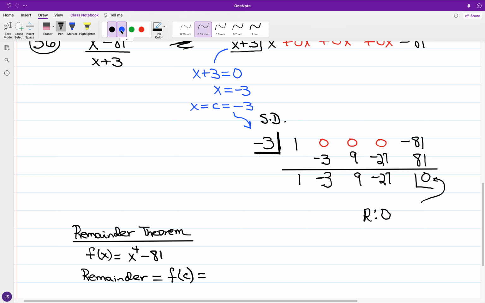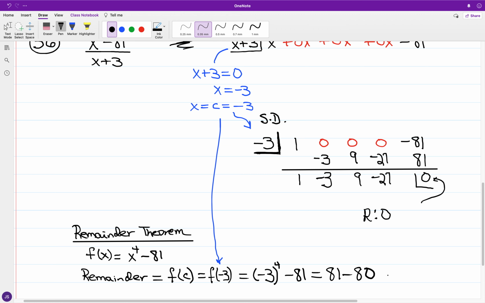We had the c value from earlier at -3. Just substituting, you have -3 to the 4th minus 81. Now -3 to the 4th will be 81. You have minus 81, and that is also equal to 0. So again you have the same result regardless of whichever approach you take.